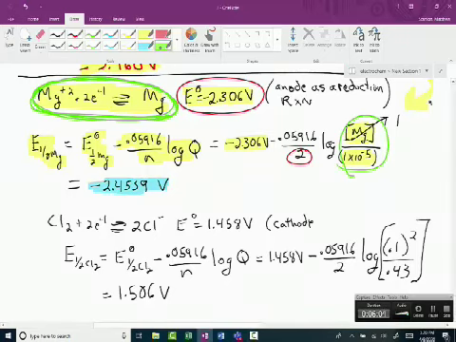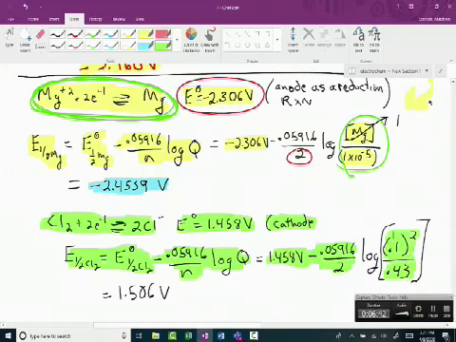I have my cathode reaction written down here. Chlorine plus 2 electrons gives us chloride. E naught is 1.458 volts, and this is the cathode. So my half cell potential is E naught of that half cell minus 0.05916 divided by n times the log of Q, which is 1.458 volts minus 0.05916 divided by 2 times the log of 0.1 squared divided by 0.43.